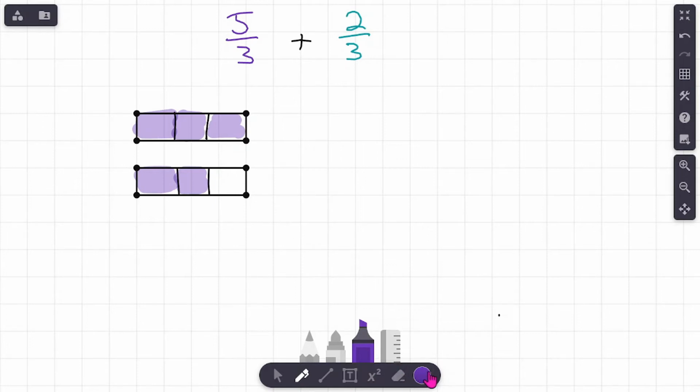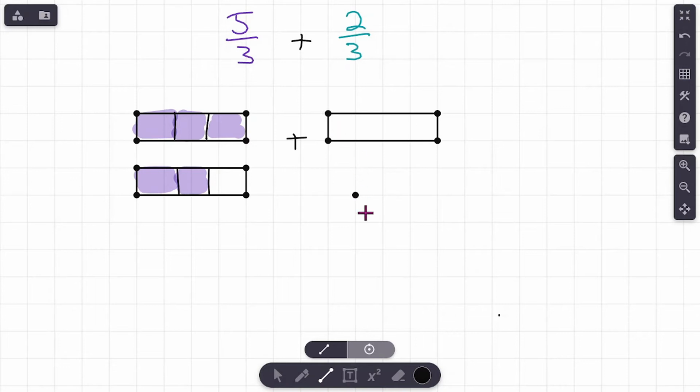Okay. Now, what we're going to be doing is adding whatever this 2/3 looks like. So let's draw a model for what 2/3 is going to look like. So same thing here. Need a model to represent 2/3. Ask yourself, how many equal size pieces do we need?